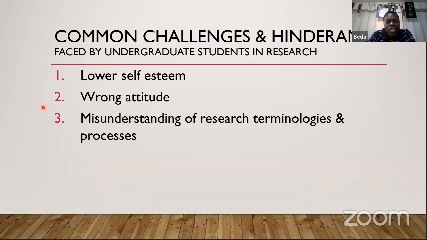If you didn't understand type 2 error in class, are you going to apply it in research? It's just that misunderstanding that people have about the terminologies. You didn't get the term right, and so you think it's just hard. Or you don't understand, so if I want to participate in research, what should I do first? So you don't understand the process, and that makes it just feel like it's not for me.